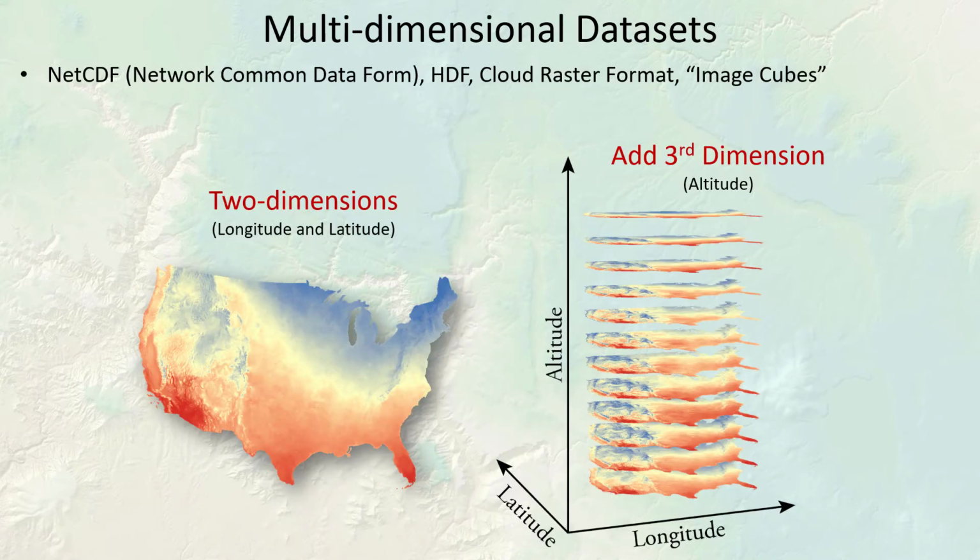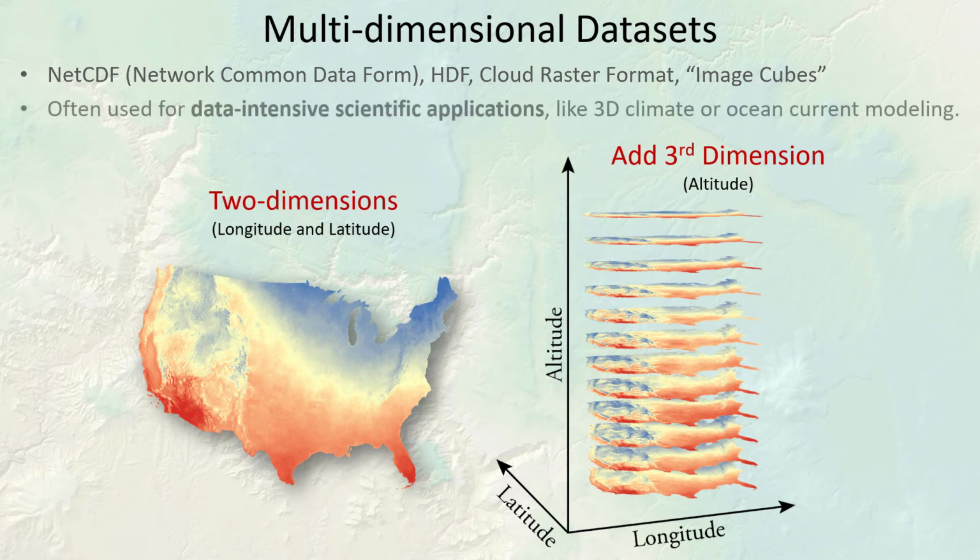Moving on, we talk about multi-dimensional data sets. In the GIS world, you'll see these referred to as several things. There's the NetCDF format, Network Common Data Form. This is the most common, and I've got another slide of that in a second. But there are also data sets in formats like HDF, cloud raster formats, and now Esri's going on and on about image cubes. They're all basically the same thing.